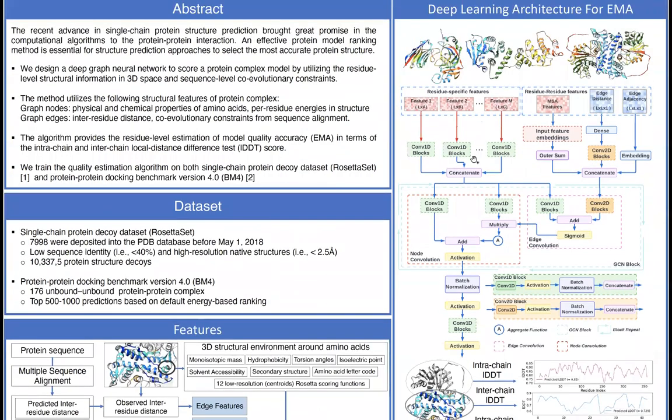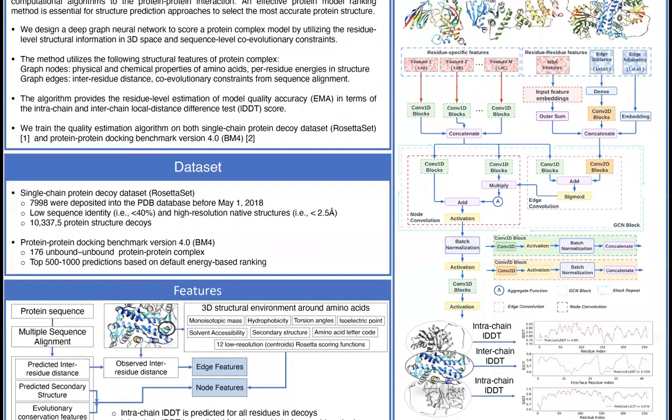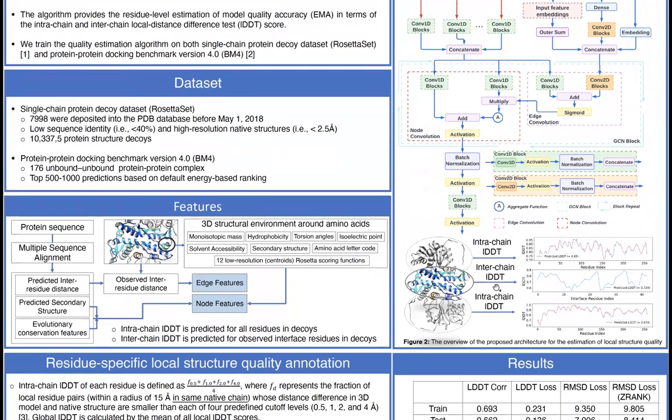So here is the architecture we show in our models. Input is the 3D models, either single chain proteins or complex proteins. We extract the residue specific features and residue pair features from the 3D model and predict two major types of outputs. If you input a single chain protein, it will generate the intrachain LDDT score and give the prediction of the accuracy for every amino acid in the whole sequence.